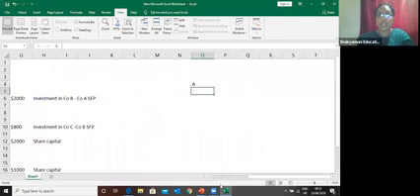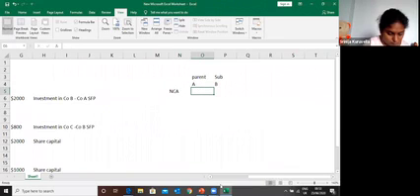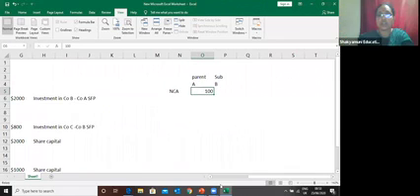So company A is a parent and company B is a subsidiary, and it has non-current assets. Company A has non-current assets of 100 and company B has non-current assets of another 100.